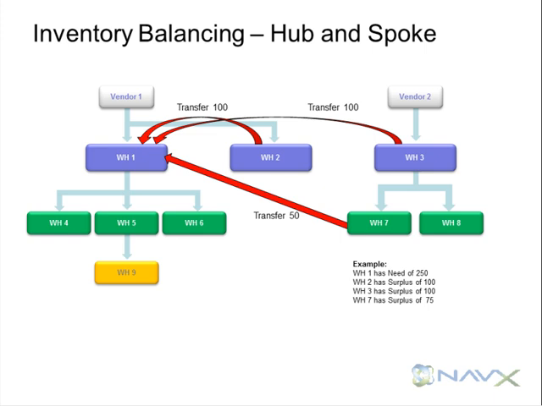The next thing that we do is inventory balancing. Now, inventory balancing, either in a hub and spoke, or maybe if you don't do hub and spoke, quite often, and maybe quite often might be once a month or once a quarter, you might analyze inventory and say, gee, I have a need here and I have surplus or excess here.